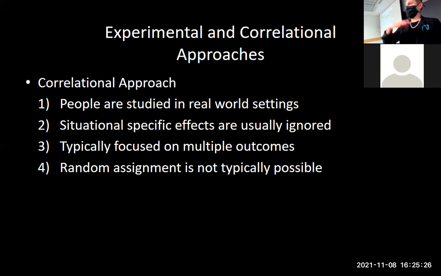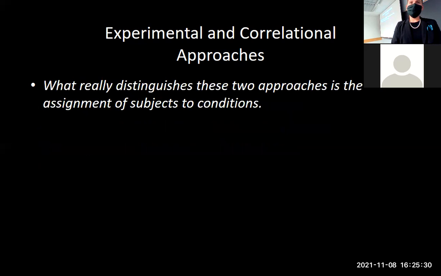It's just what's happening naturally in the world around us. But the key difference that distinguishes a correlational approach from an experimental approach is random assignment of participants to conditions. If we've randomly assigned people to conditions, we have an experiment. If we have not assigned people to conditions, we do not have an experiment. We have a correlational study.